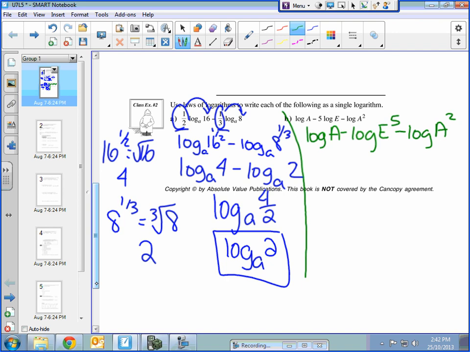Oh, I was talking about the next step. I'm done this one. That's what we talked about with the next step. Whoa.